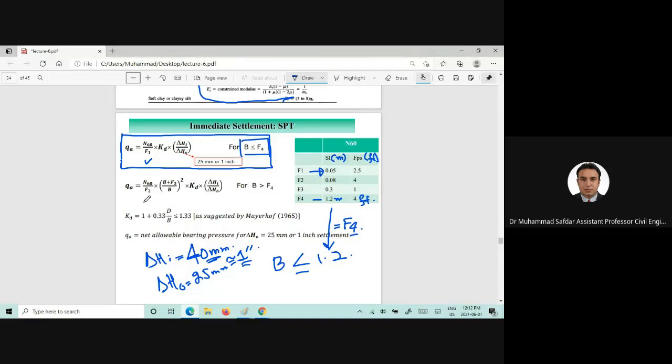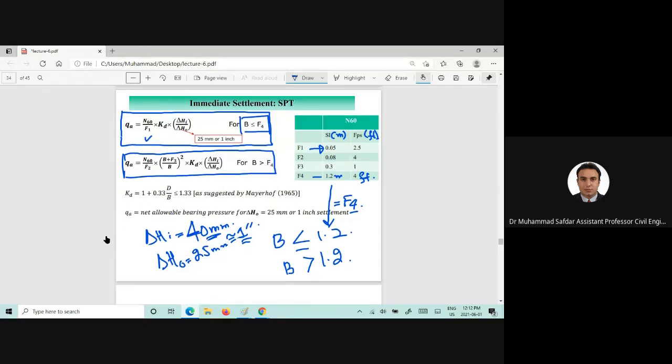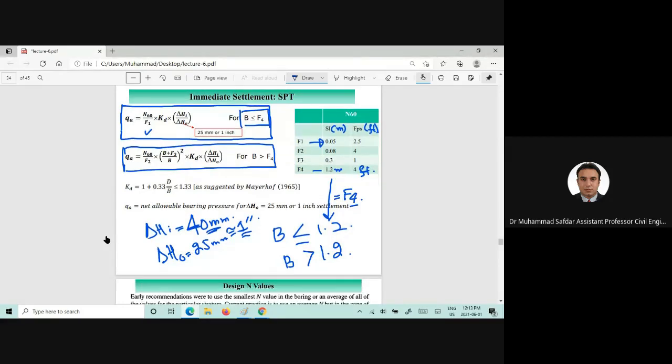What if we need to find out the Q allowable if B is greater than F4, which means that the width of the foundation is greater than 1.2? In that case, we need to use this equation. Please kindly note down this equation as well, because we are going to use it in solving the problem in a few minutes.